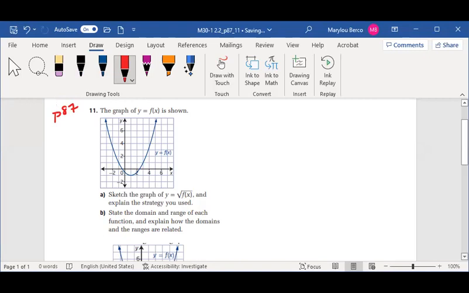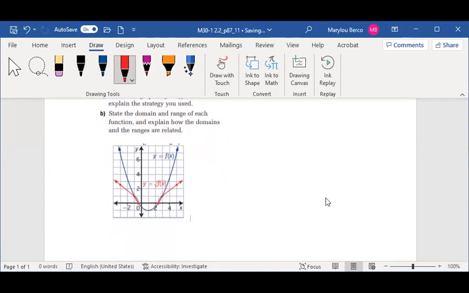Okay, so for A, to sketch the graph, locate key points, which are again when y equals 0 and y equals 1, including invariant points, and determining the image points of the graph of the square root of the function.